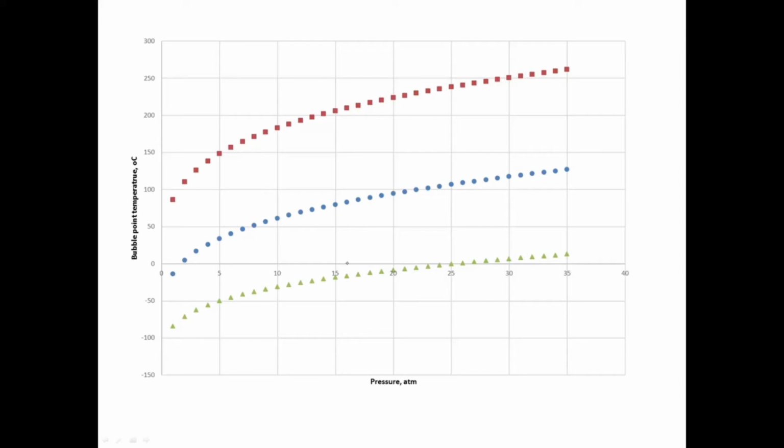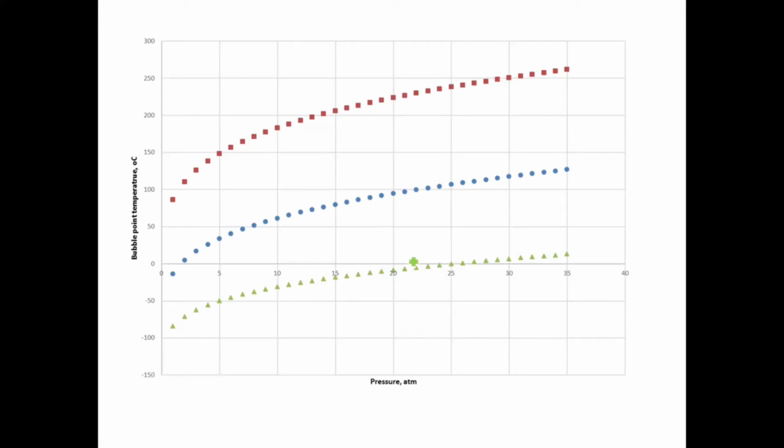So let's fix our fluid stream at say 10 atmospheres for example, or maybe 15. How to do that? Okay, follow the light green color.